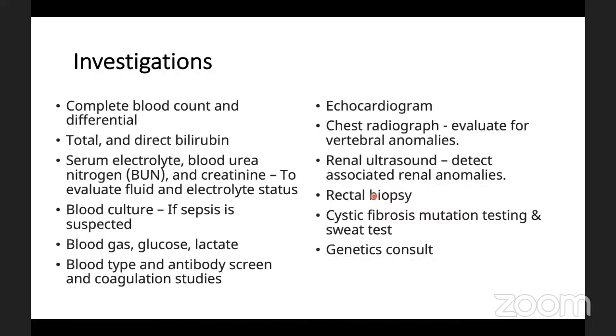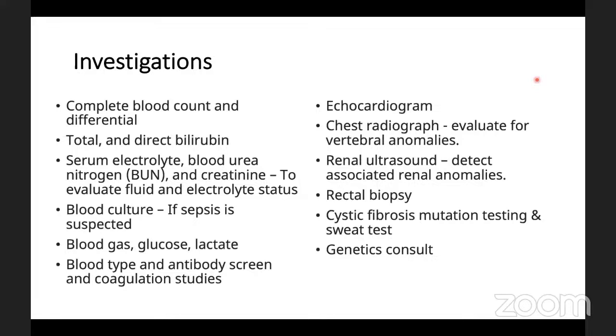And then on this right side, there are special investigations you can order, not in every case, but it is better to have those investigations from the anesthesia point of view, because in our hospital, every baby who goes for surgical correction, they ask for an echocardiogram.